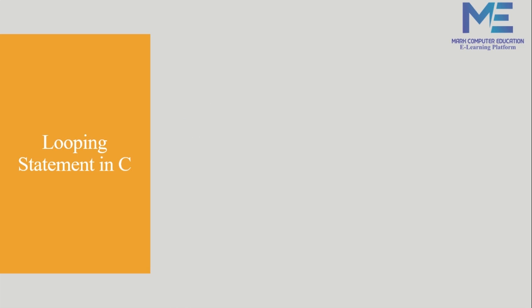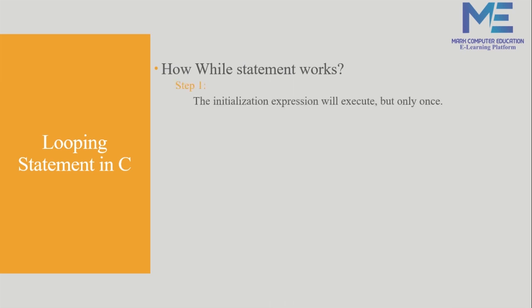Now, let's see how the while statement works. Step 1: the initialization expression will execute, but only once. It means it will execute when the loop is executing the first time. After that it will not execute. This step allows you to declare or initialize any loop control variable.